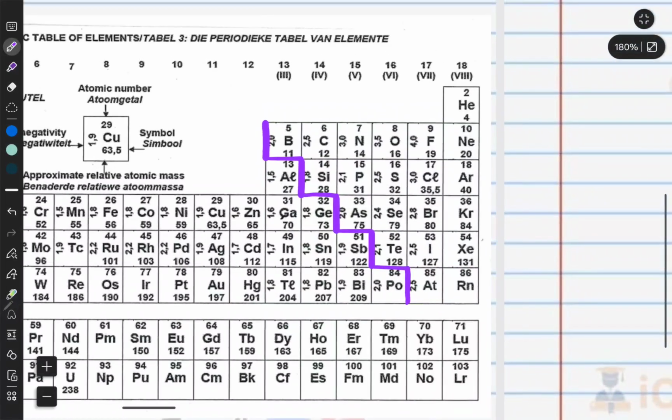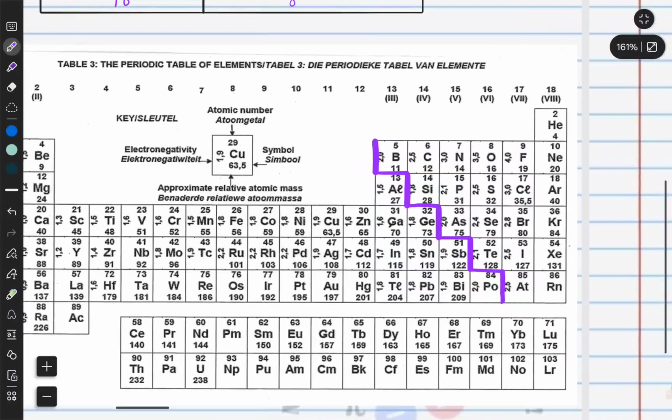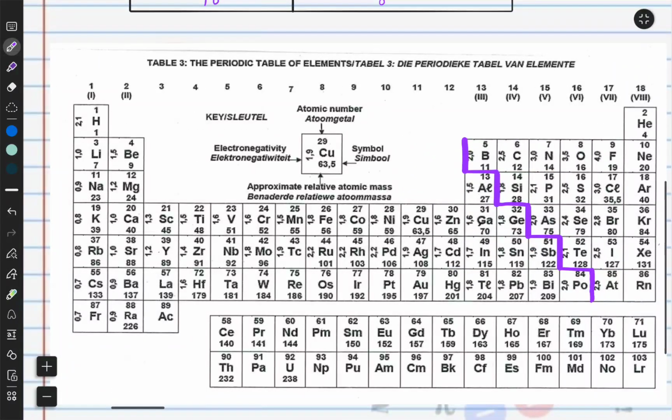Everything to the right of this line is what we would call our non-metals, and everything to the left is what we would call our metals. All of it except hydrogen. Okay, so hydrogen is not a metal, it's a non-metal.